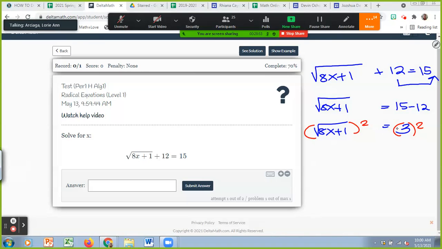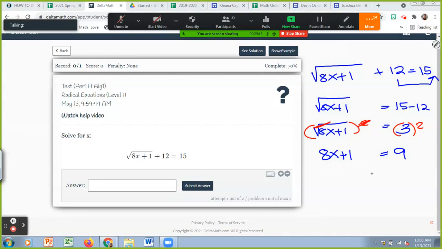The reason why we do that is, remember my slingshot? The radical can eliminate the power. Once you've eliminated the power 2, all you need to do is bring that down, and then 3 squared is 9.